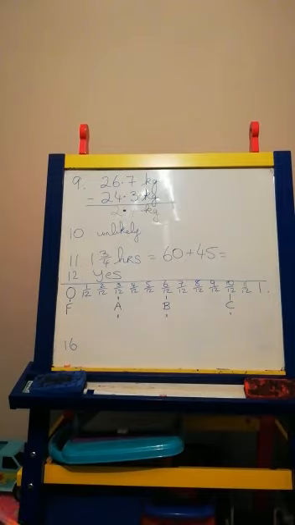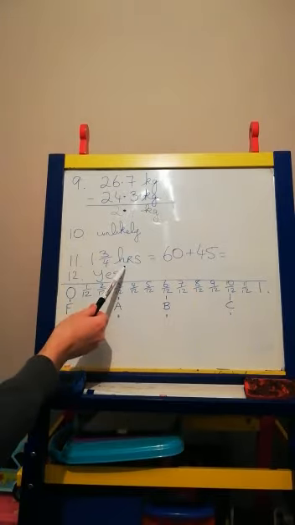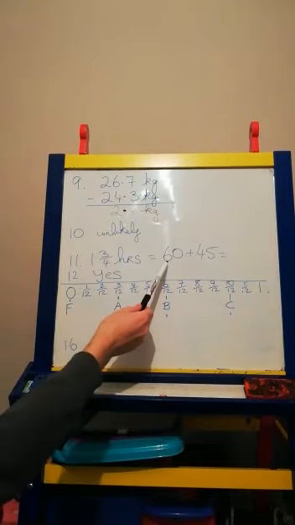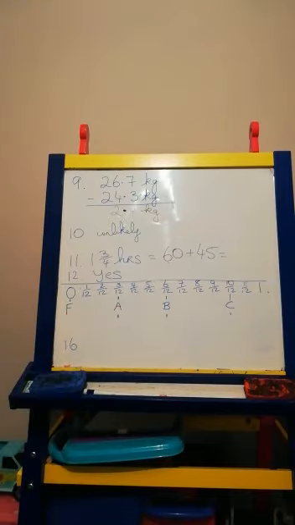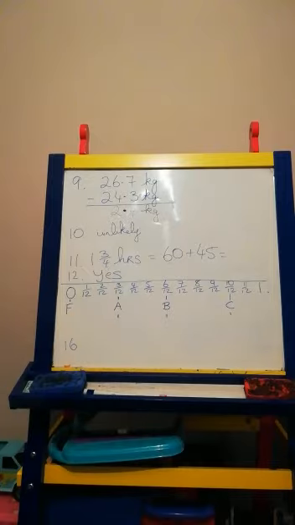Okay, question 11 now. 1 3/4 hours, what is that in minutes? So let's break it up. So 1 3/4 hours, so my 1 hour, as you know, there's 60 minutes in 1 hour. 3/4 of an hour then, how many minutes are in that? Well, you probably know that 1/4 of an hour, a quarter of an hour, is 15.